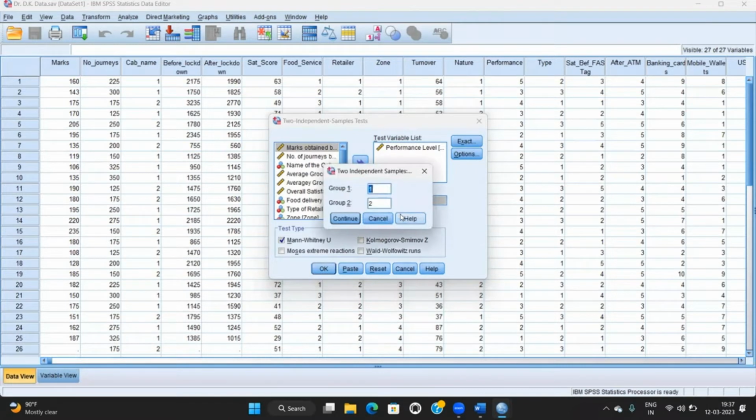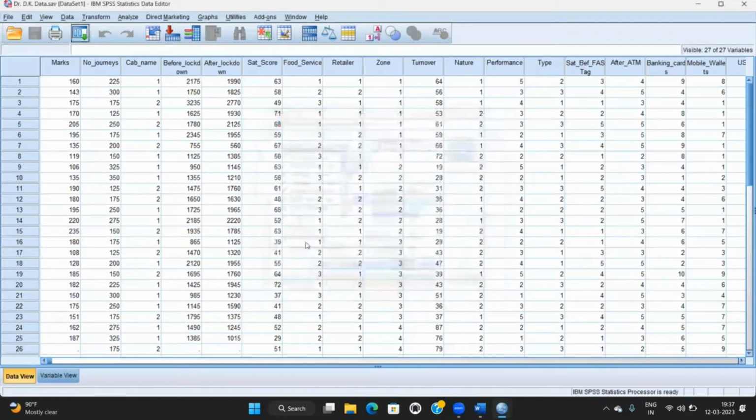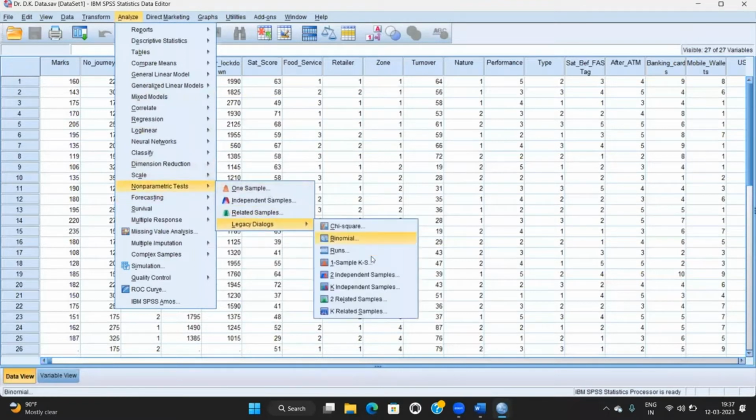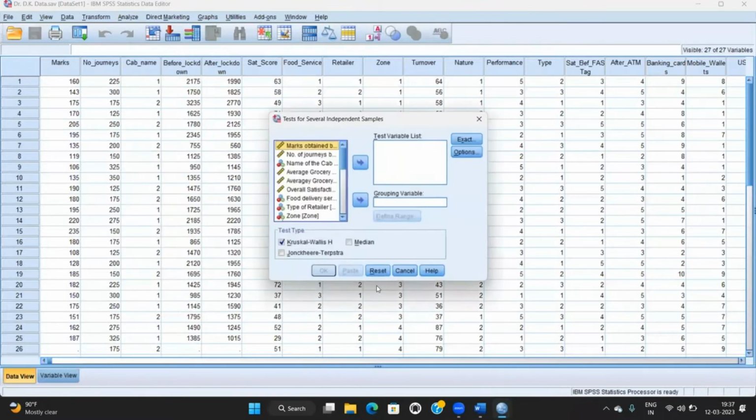If you click the define groups, we got group 1 and group 2 because it is 2 independent samples test. But now we are going for analyze, non-parametric tests, legacy dialogues, K independent samples. That means test for several independent samples.